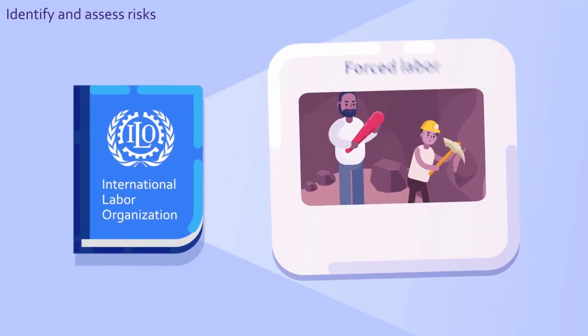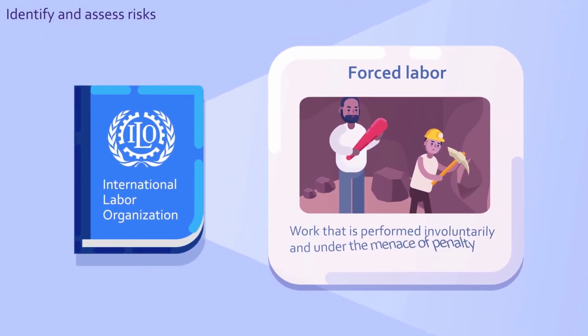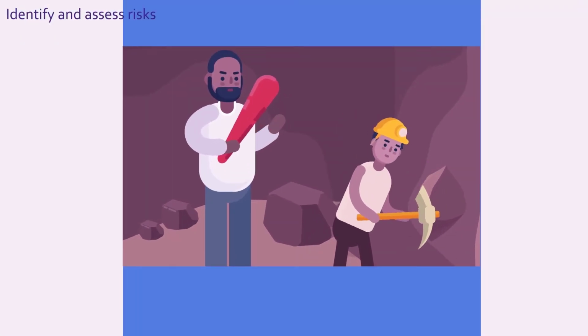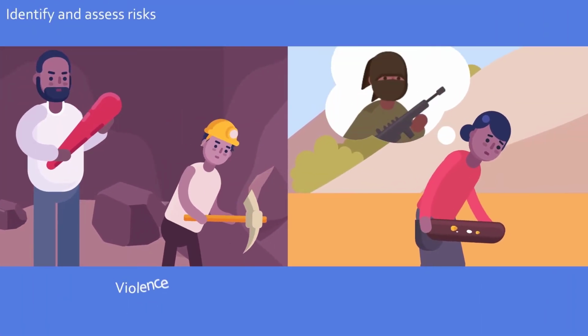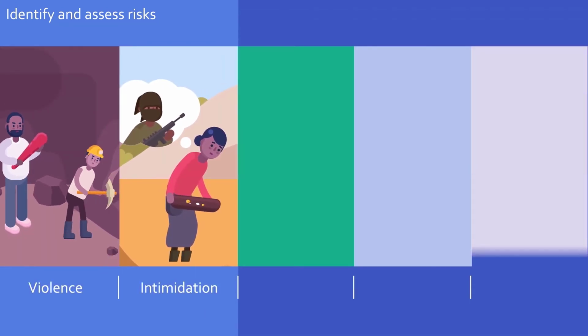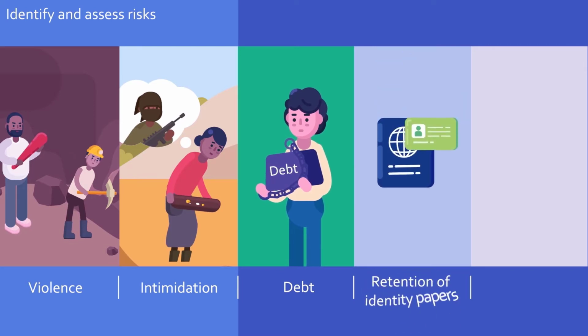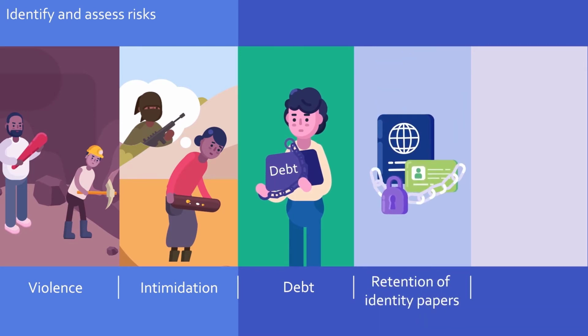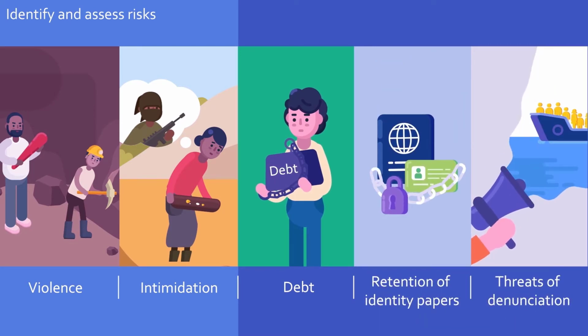Forced labor is work that is performed involuntarily and under menace of penalty. People are coerced to work through the use of violence or intimidation, or there may be more subtle methods. There could be accumulated debt, retention of identity papers, or threats of denunciation to immigration authorities.